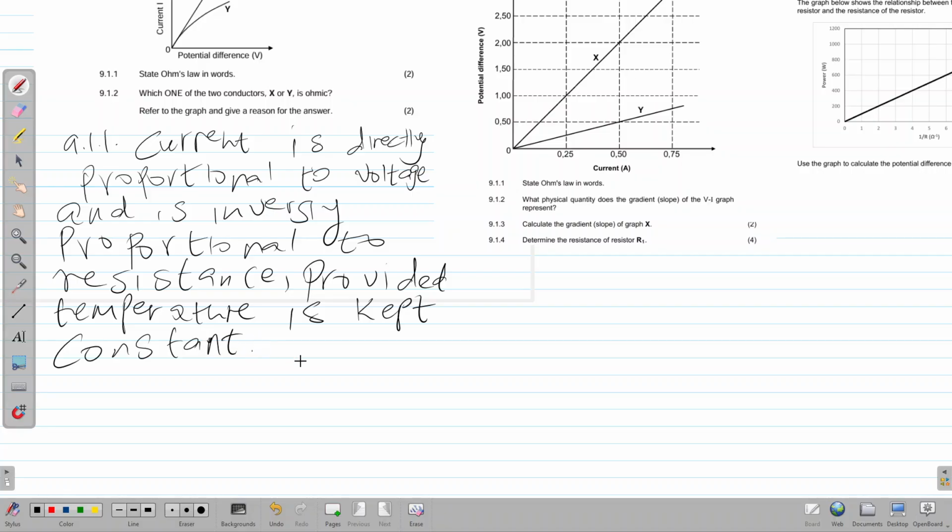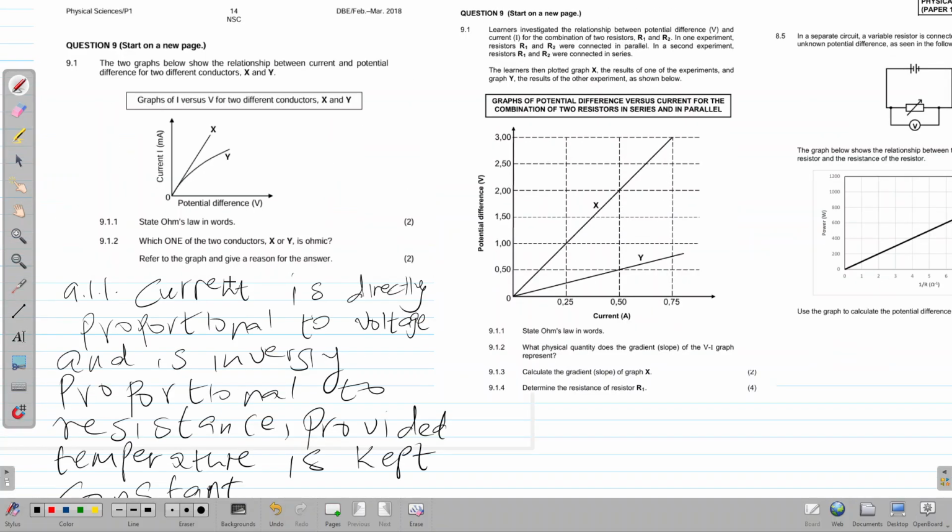So at constant temperature, the current is directly proportional to voltage and is inversely proportional to resistance.